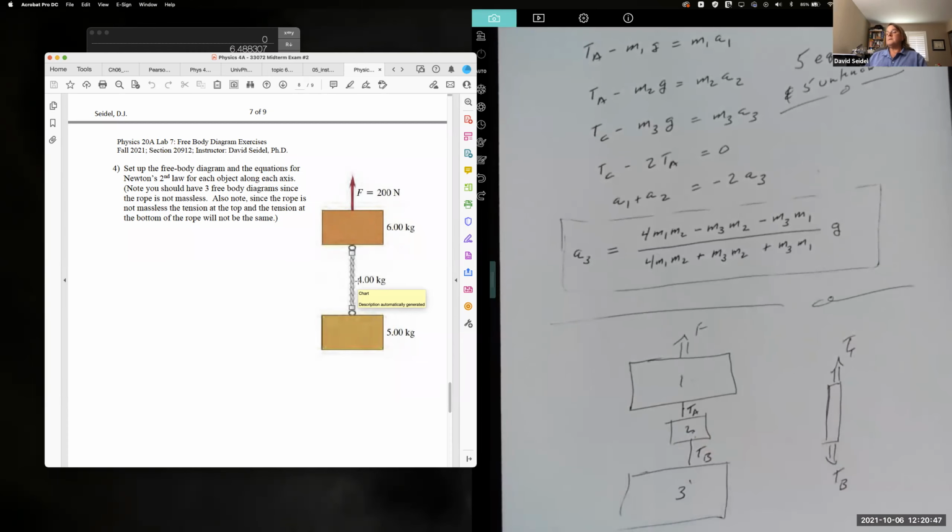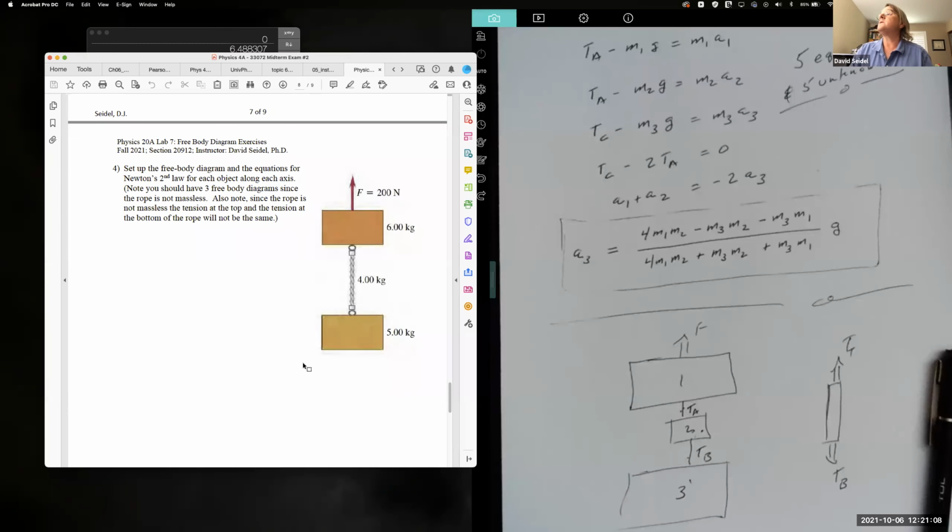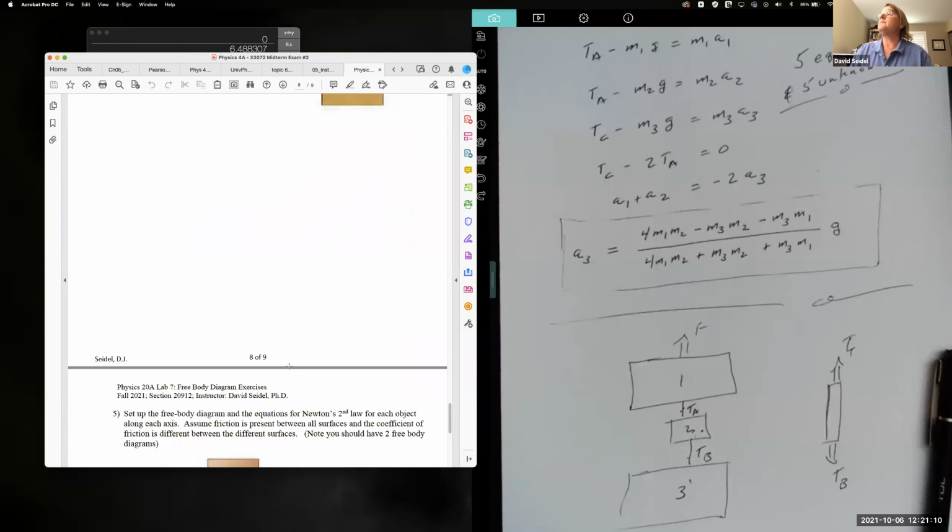There is a hint on that one, but you need a free body diagram for it. There are 3 objects, 1, 2, 3. If this was massless, I'd only have 2. Really the same as this, where these are now massless. So just think about how you would do that.